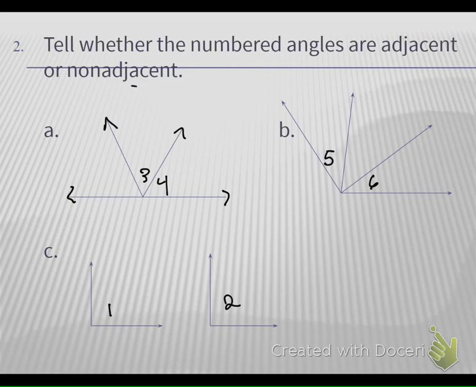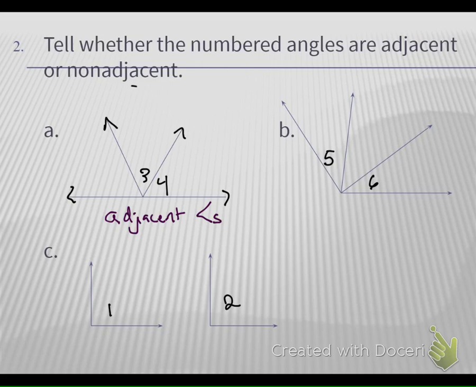Do they share a common side? Yep. Are there any points that are going to be in both of them? Nope. So we can say that those are adjacent angles. So adjacent angles have a vertex, a common side, and no common interior point.